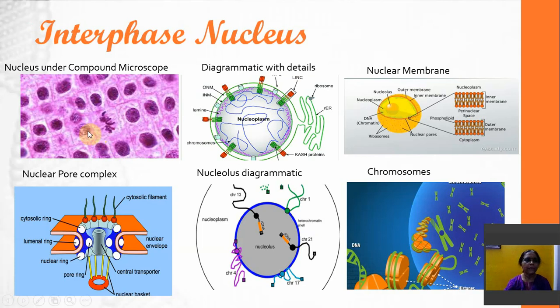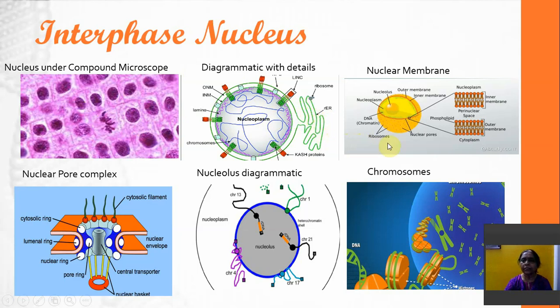Now here you can see the nucleus under compound microscope. Under compound microscope you cannot see the details of nucleus. They can be only studied under electron microscope. Then this is showing the outer membrane in continuity with the endoplasmic reticulum.